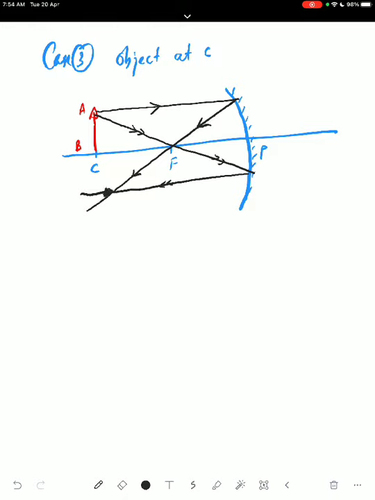So at this point, we get the inverted image of the object. This is the point C. So we are getting the inverted image at this point.